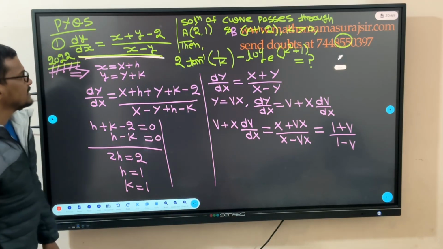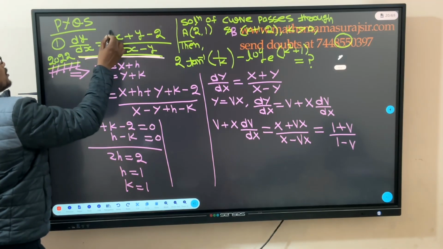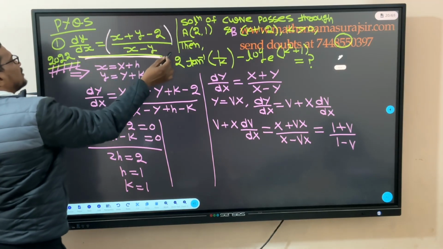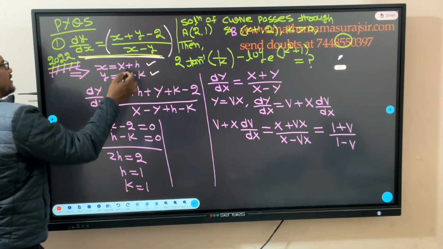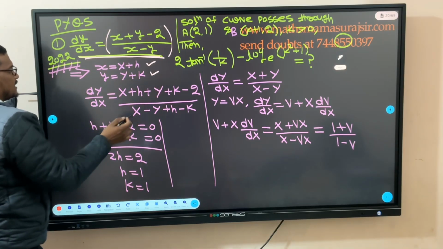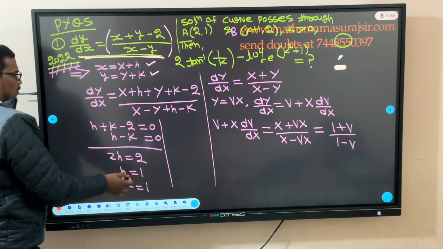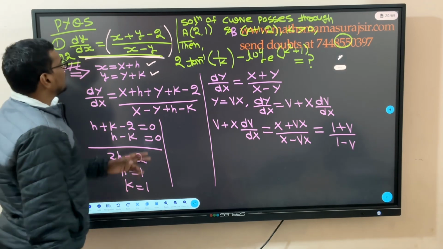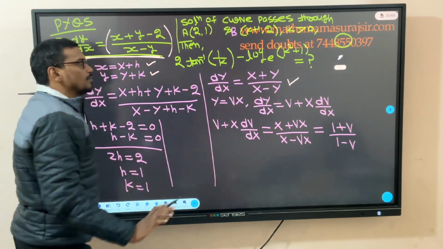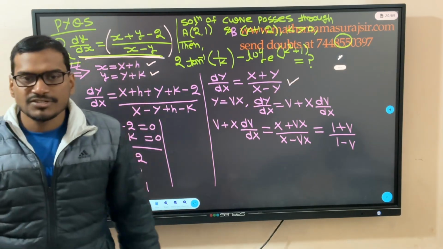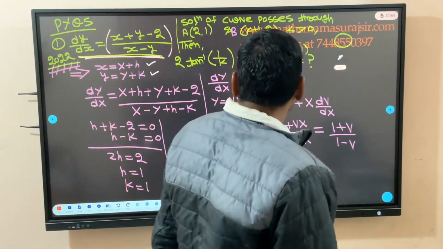Here it is not homogeneous but reducible to homogeneous. Apply this substitution for x and y, make the constant term 0, we got h and k. Finally we got dy by dx equal to this. Any doubt till here?